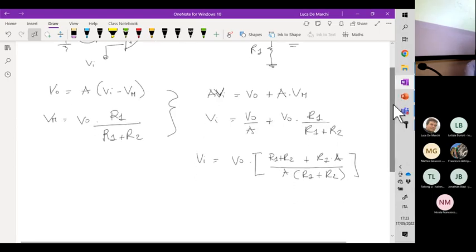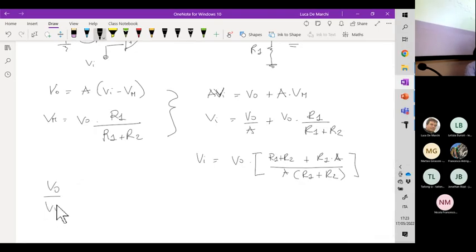Then we can rearrange this formula as V out over V input equals A times R1 plus R2 over R1 plus R2 plus R1 times A.